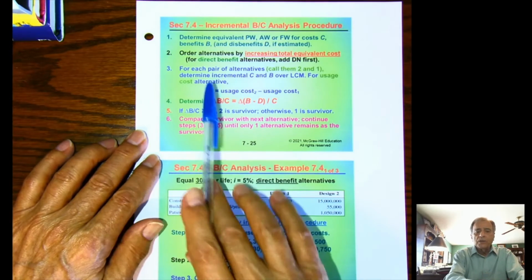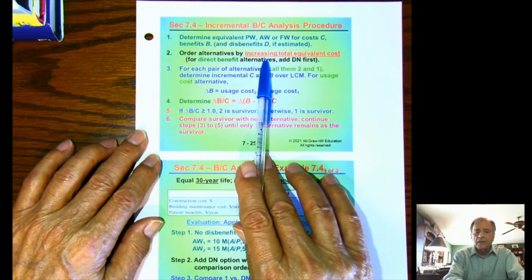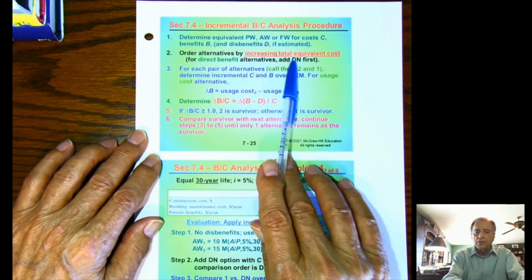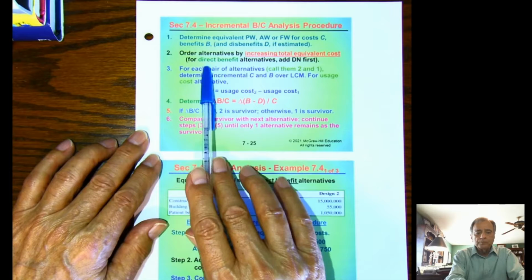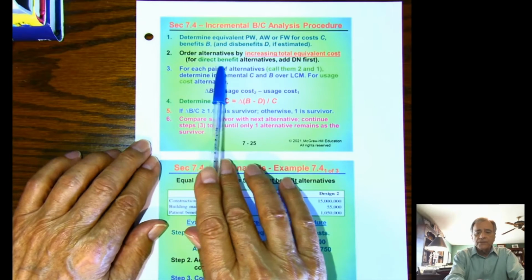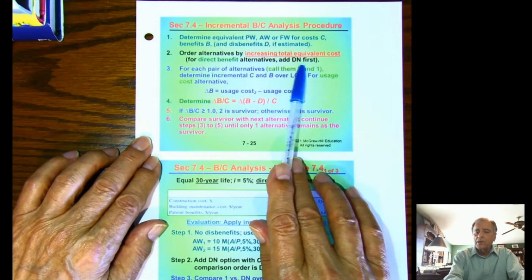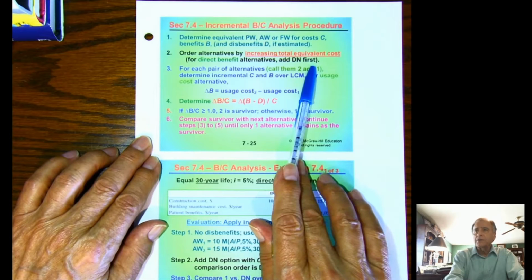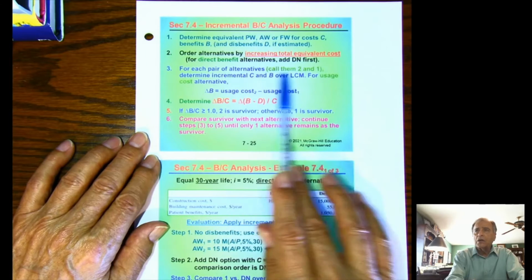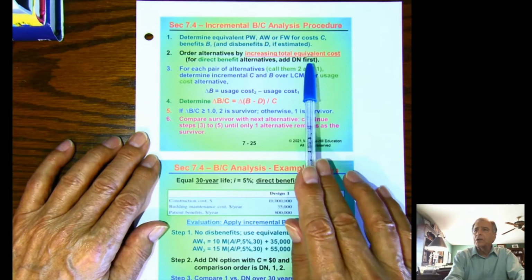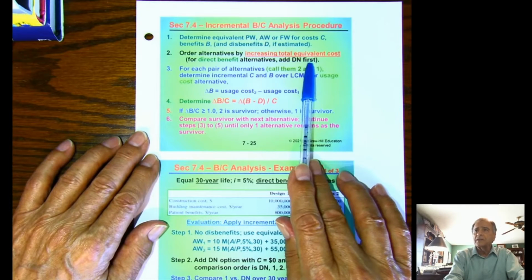And then we order the alternatives by increasing total equivalent cost. And that's for the direct benefits. We add in the do-nothing alternative, okay? So the next thing we do is order our alternatives. And of course, the first alternative will be the do-nothing because it doesn't cost anything.